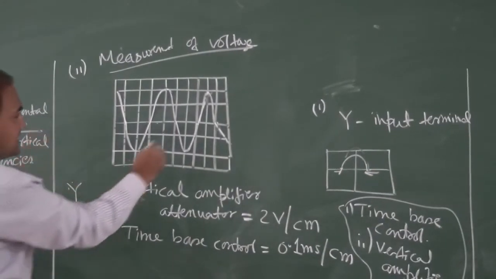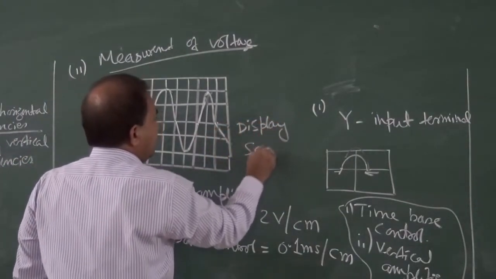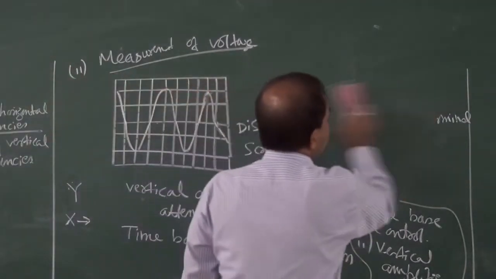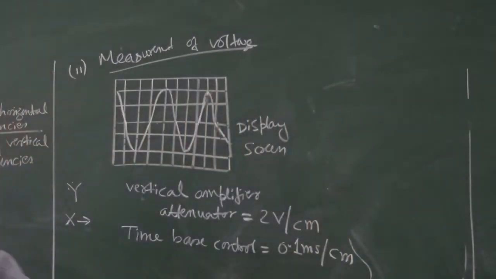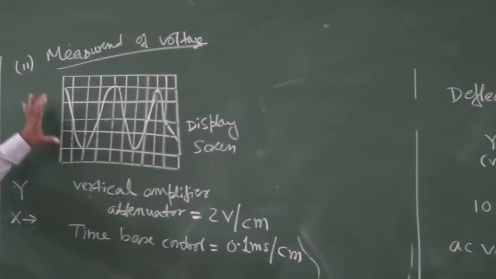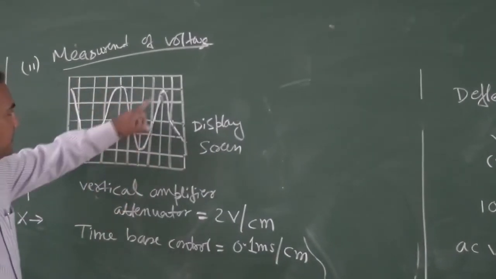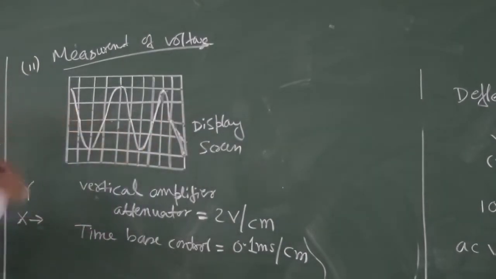Then this is the display screen of the CRO. And on the CRO display screen, this is the shape of the wave.